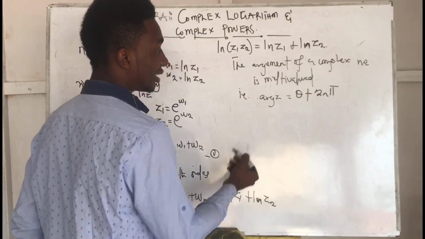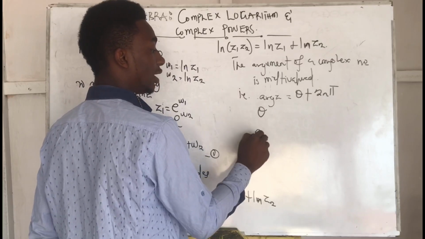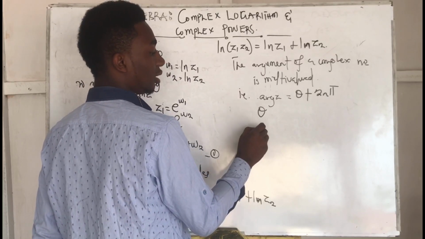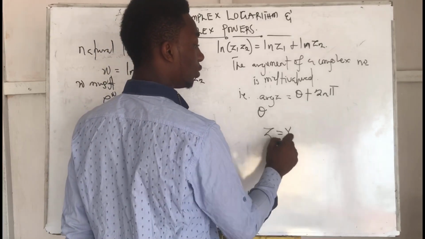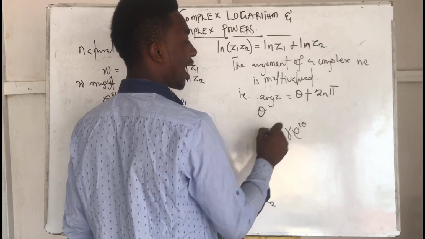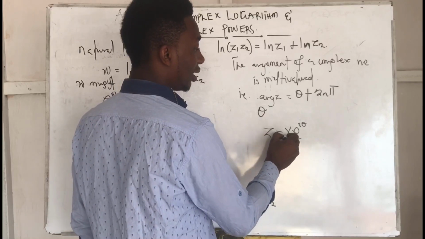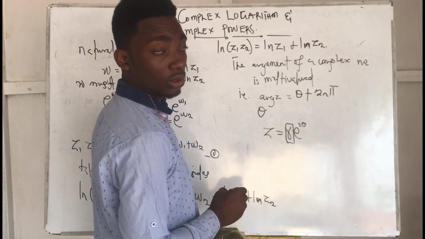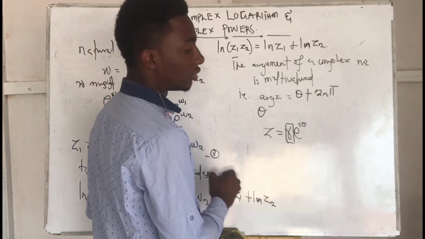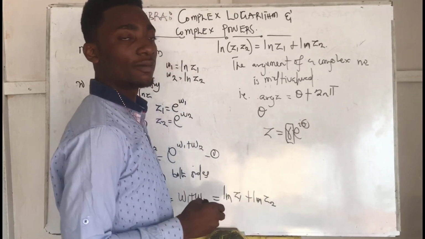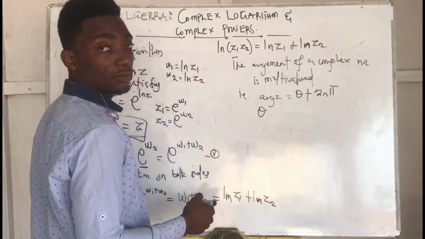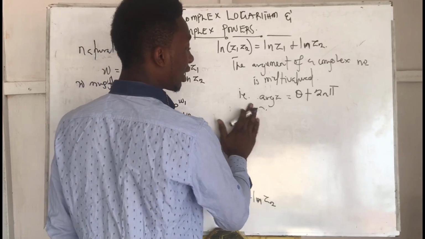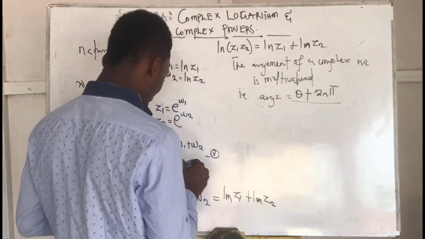First, we already established that the polar form of the complex number is r e to the i theta, where r is the modulus of the complex number and theta is the argument of the complex number. Because of the same rotation, we said the argument can also be multivalued in this form.